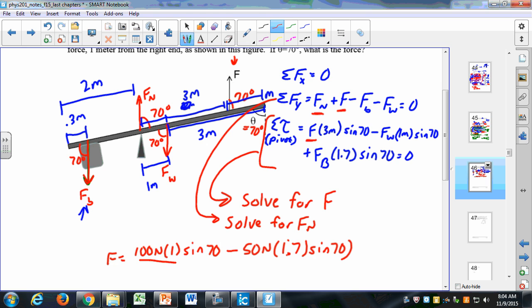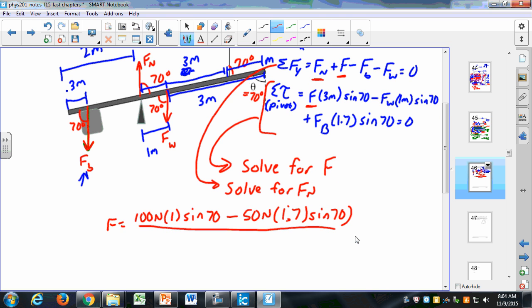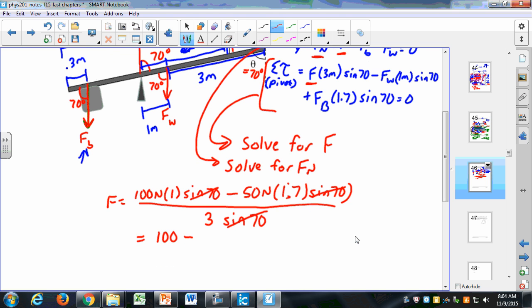And then I'm looking for F, so I divide all that by 3 sine of 70. My sine 70 cancels, so I get 100 minus 50 times 1.7, what is that, 85? 85 divided by 3, so that's 5 newtons.